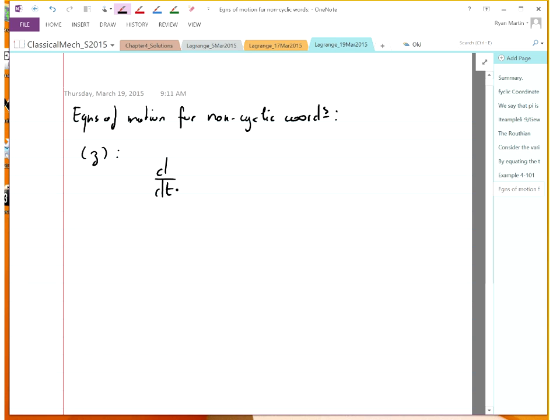So the equation of motion needs to be the same as the Euler-Lagrange equation, but with R's instead of L's. So we have d/dt of ∂R/∂z dot minus ∂R/∂z equals 0.